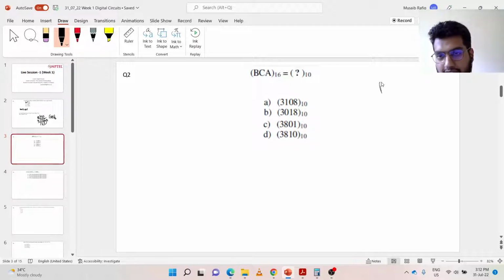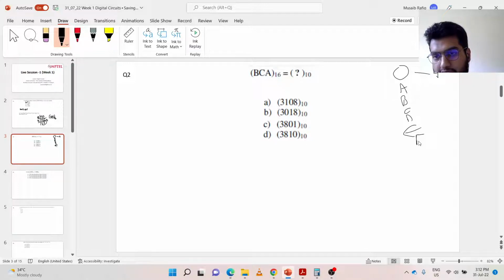In the hexadecimal number system we have 16 digits, starting from 0 to 9, and the number 10 is represented by A, followed by B, C, D, E, and F. F represents 15. So 0 to 15 we have 16 digits. BCA is our number, so we'll convert it into the decimal system.